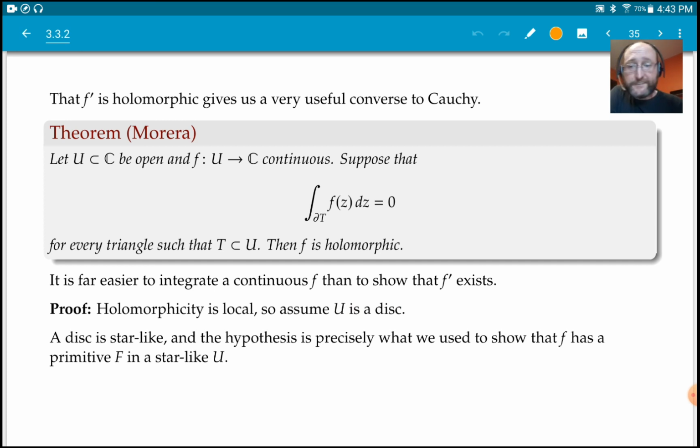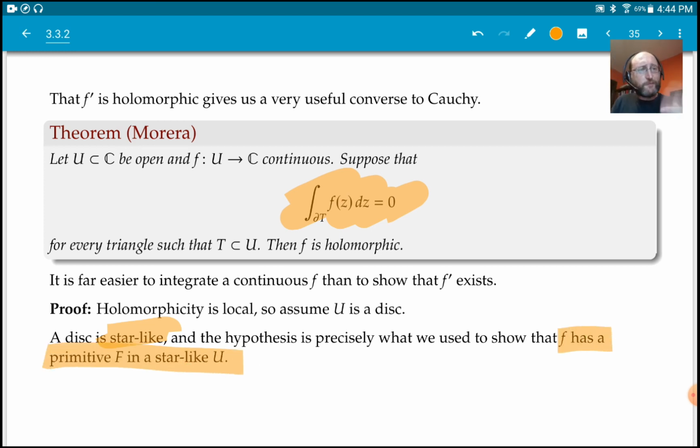Now a disk is star-like, right? And this hypothesis that we had, that the integral over all these triangles is 0, well, that was precisely what we used to show that f has a primitive.